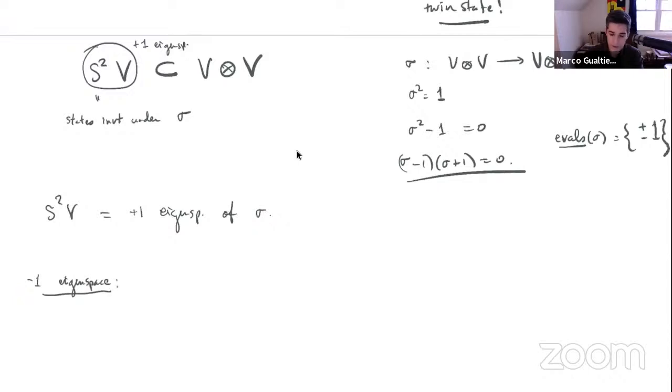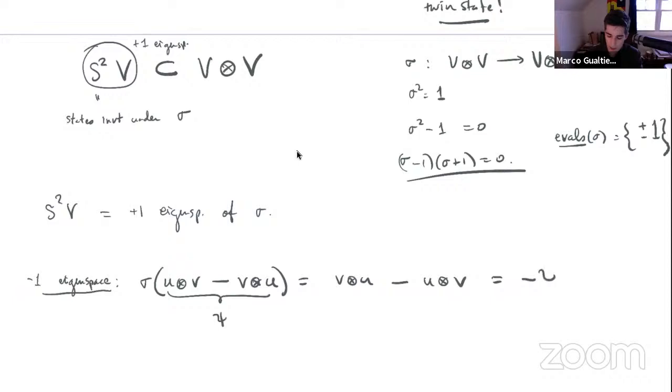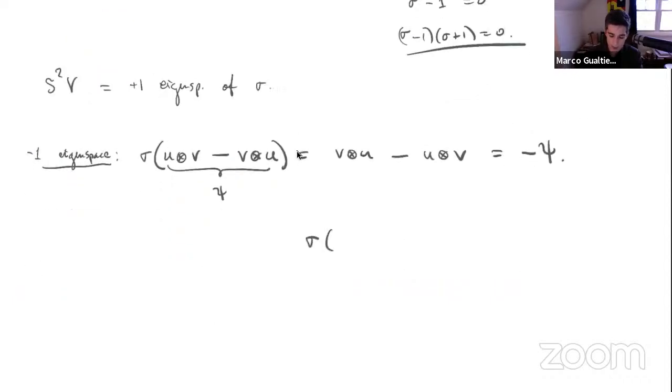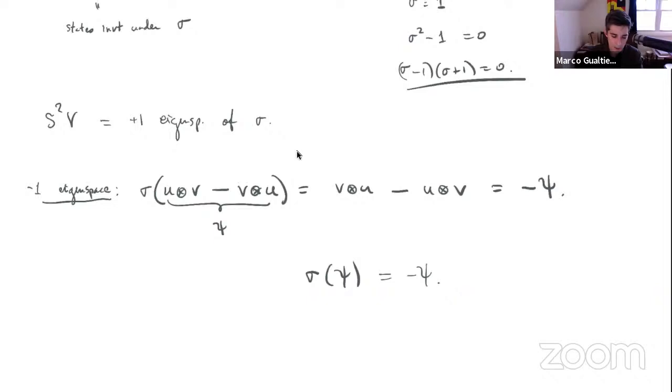If we take U tensor V minus V tensor U, instead of the sum, then sigma applied to this is going to be V tensor U minus U tensor V, which is minus psi. So sigma of psi is minus psi. It's in the minus 1 eigenspace, and these are called skew symmetric tensors.